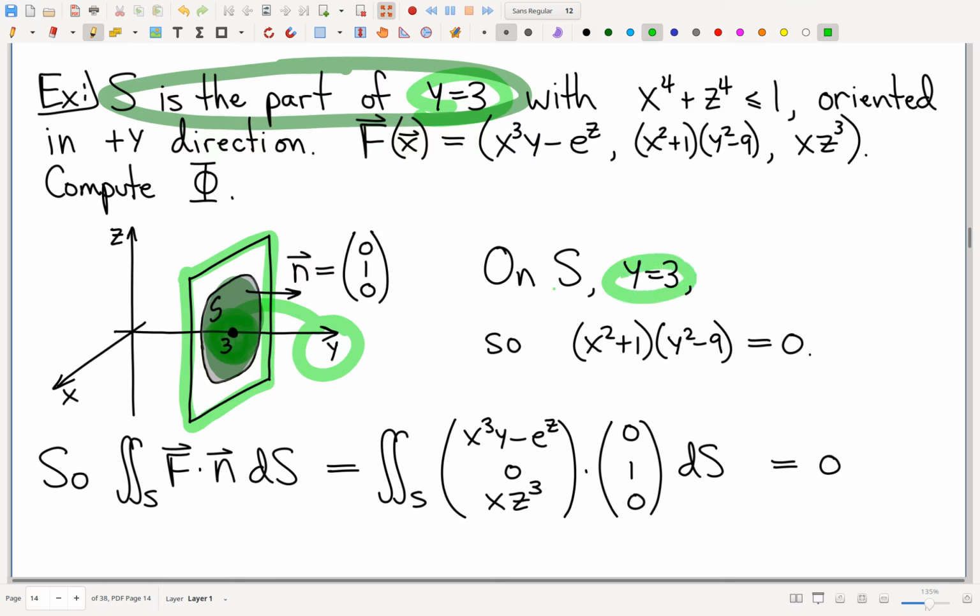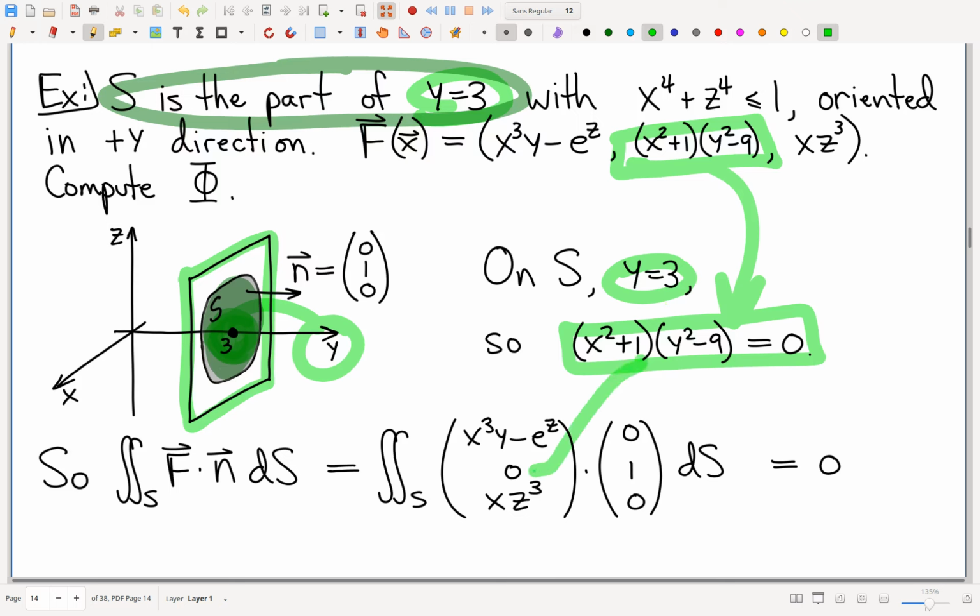So, if y is 3 at every point on our surface, then this is 0. The ugliness of this second coordinate, it's always 0 for every point that we care about, every point on our surface itself. So the vector field simplifies really nicely. As a result, our vector field, second coordinate, I'm just going to call it 0. Everybody see what happened there? It's real cool.